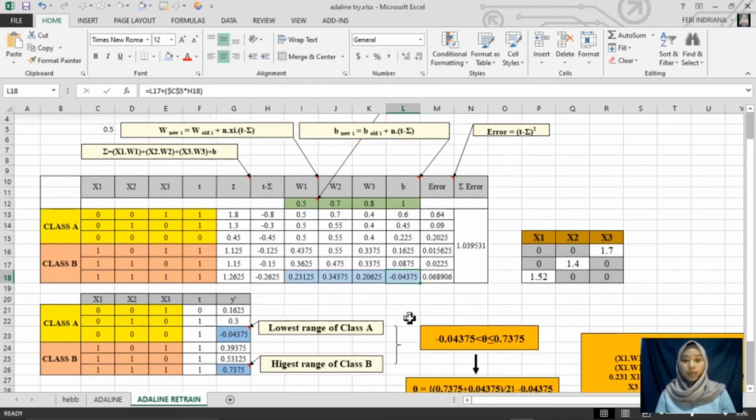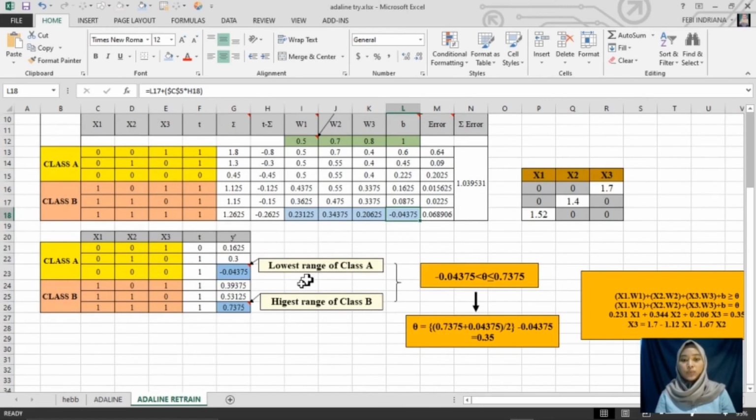Then we obtain that the lowest range of class A is negative 0.04375 and the highest range of class B is 0.7375. After we know the lowest range of class A and the highest range of class B, we can know the value of theta is equal to 0.35.